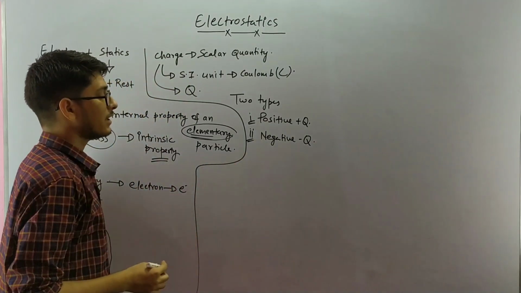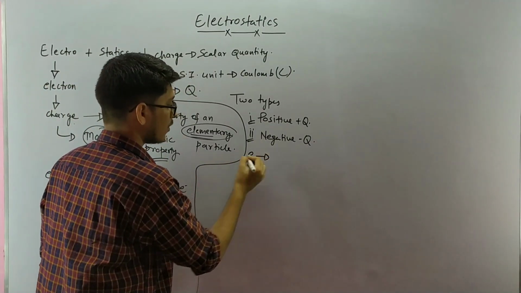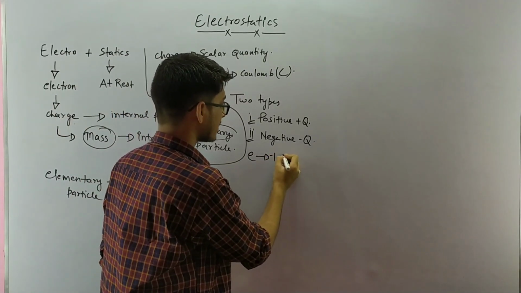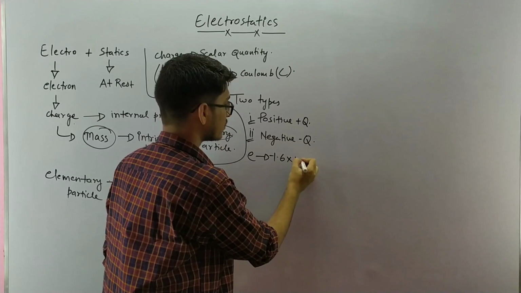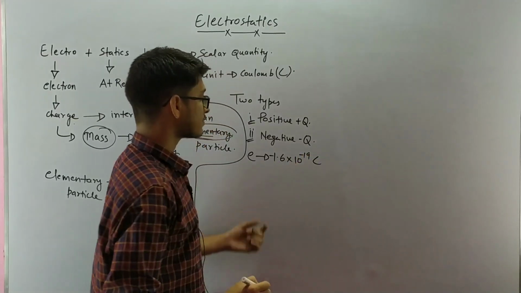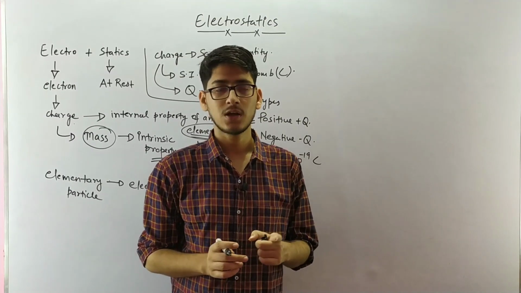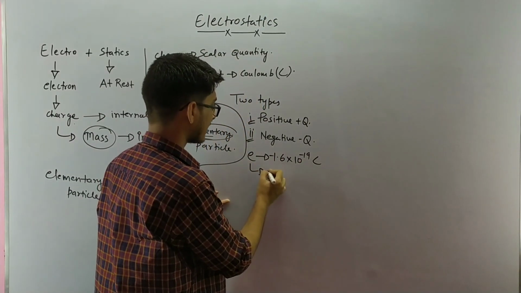Now we will define the charge content of the electron. An electron has a charge of minus 1.6 into 10 to the power minus 19 coulomb. This much charge is contained in a single electron, and sometimes it is known as the electronic charge.